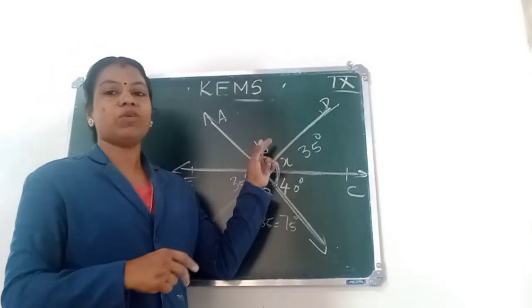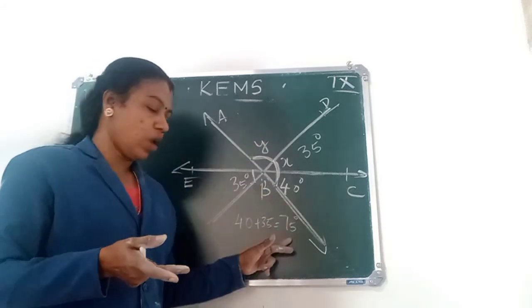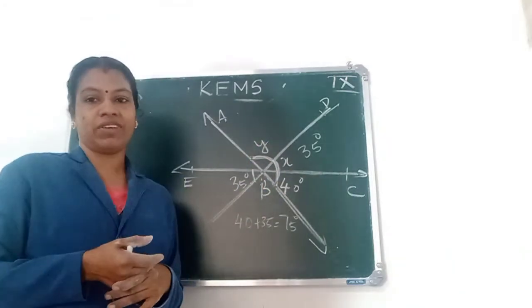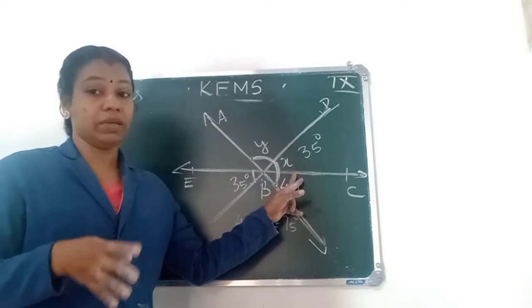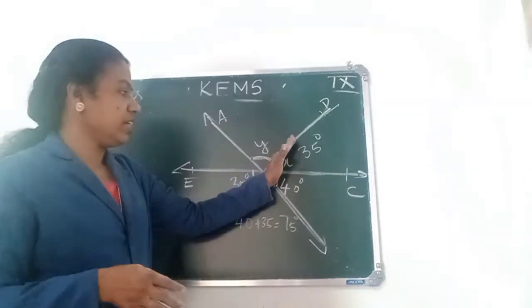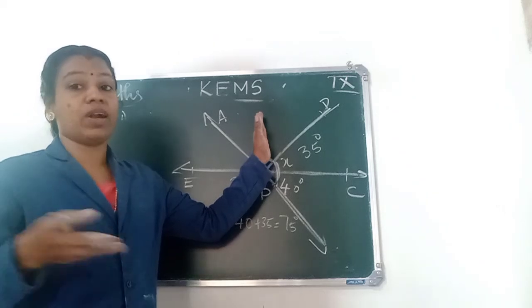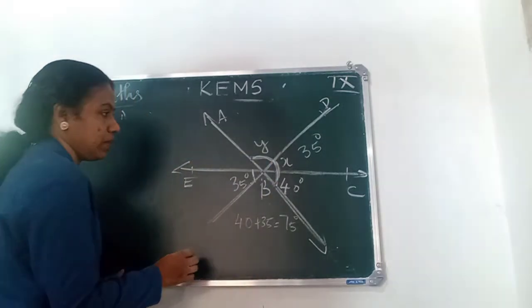Then, what about the other angle of the linear pair? It is 180 minus 75. These two angles form a linear pair, that means 180 degree. So this side is 75, then the other side is 180 minus 75 because it is a linear pair.